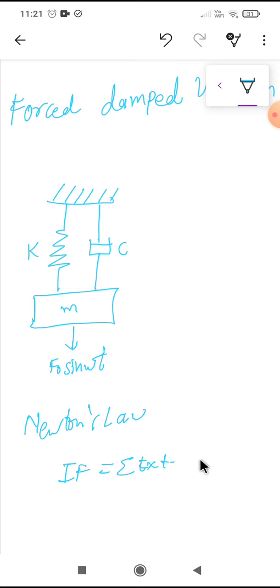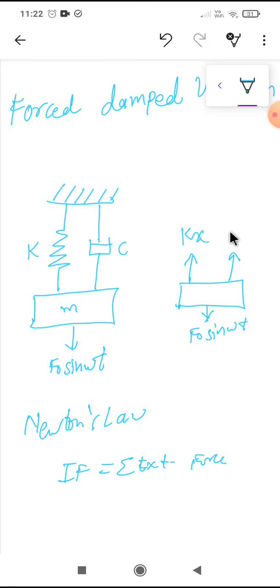So what are the external forces acting on this body? f0 sine omega t in the downward direction, then kx, the spring force, in the upward direction, and c x dot, the damping force, in the upward direction. So these are the external forces.